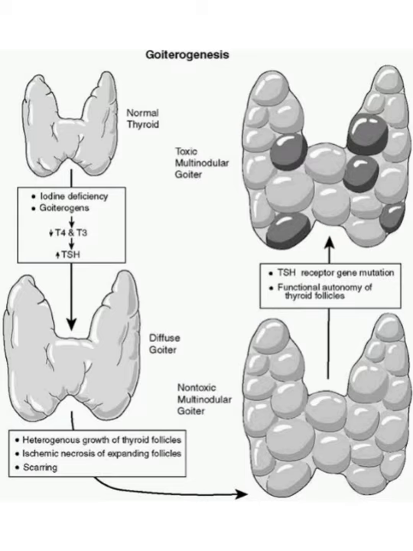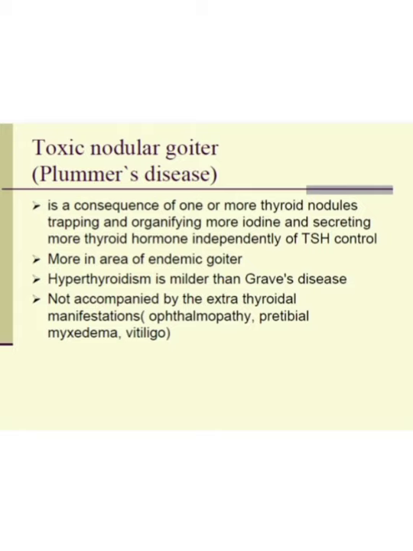Non-toxic multinodular goiter becomes toxic multinodular goiter when there is TSH receptor gene mutation and functional autonomy of the thyroid follicles. The non-toxic nodular goiter causes hypothyroidism where the thyroid hormones are low, whereas toxic nodular goiter causes hyperthyroidism.